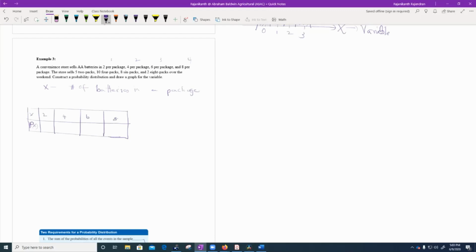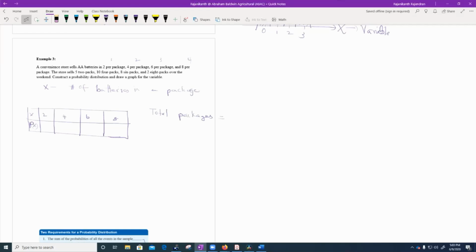Okay. Now for each package, find the corresponding probabilities. So count how many total packages are sold.